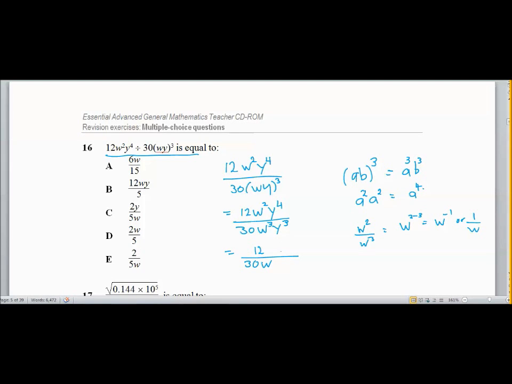And y to the power of 4 over y to the power of 3 is just y. We can simplify that. We can divide the top by 6. We can divide the bottom by 6. Gives us 2y over 5w. So the answer is C.